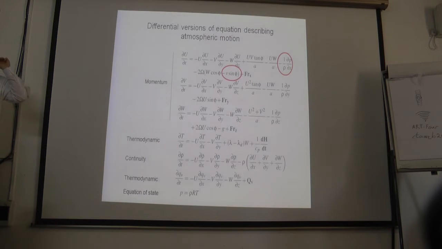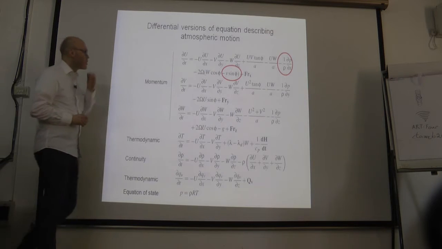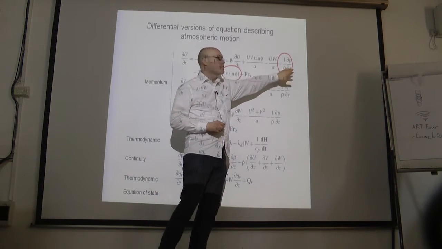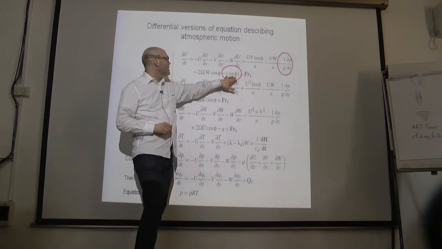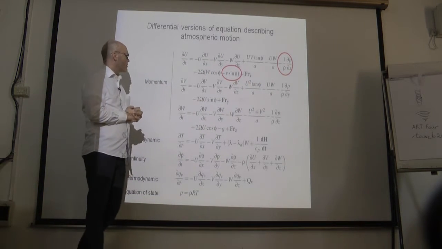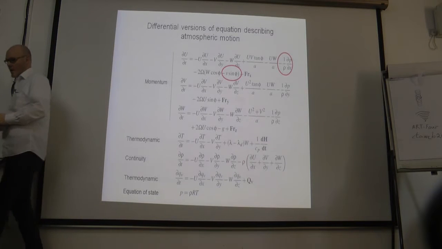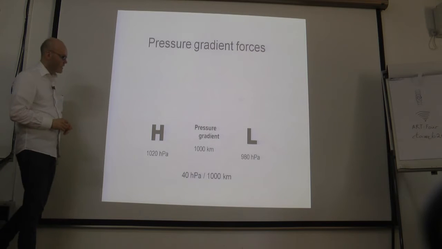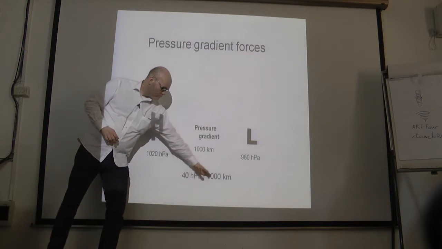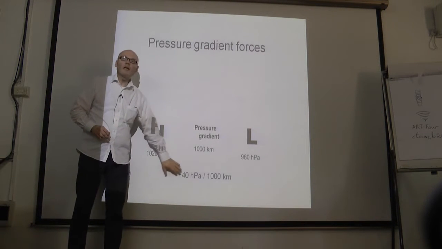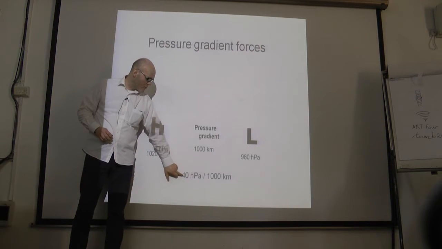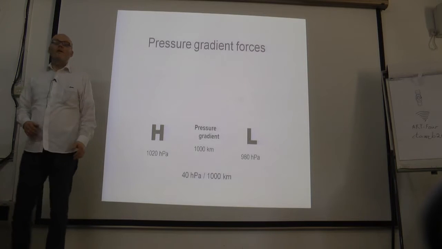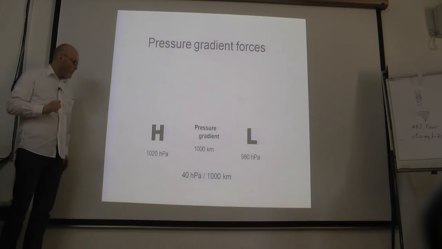We can take two other terms, the horizontal pressure gradient and the Coriolis force. And then if we neglect all the others, here is the horizontal gradient. Typically in windstorms, mid-latitude windstorms, we get like 40 millibars for every 1,000 kilometers.